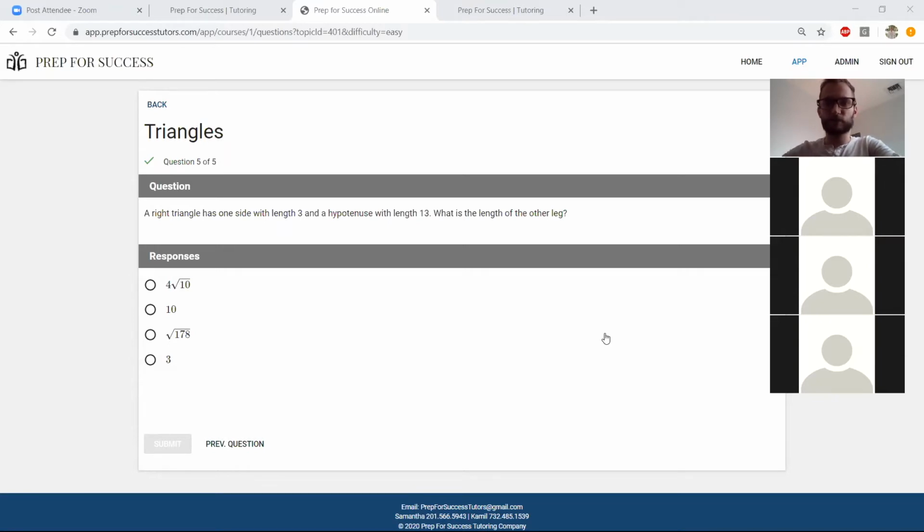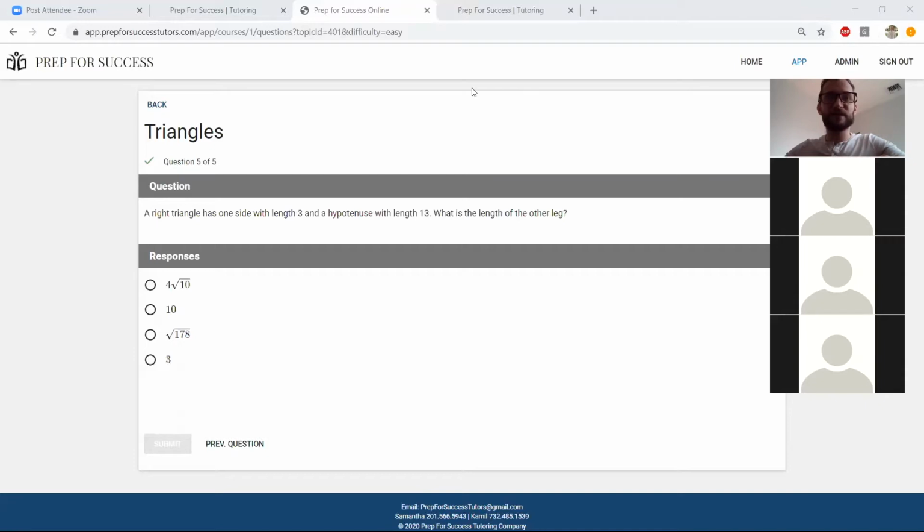Last 10 seconds, put your answer into the poll. All right, 5, 4, 3, 2, and 1. Very good. I had 15 answers, so it's probably the same two students that are not participating.